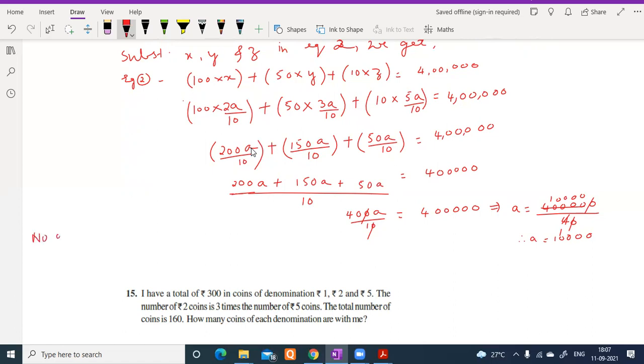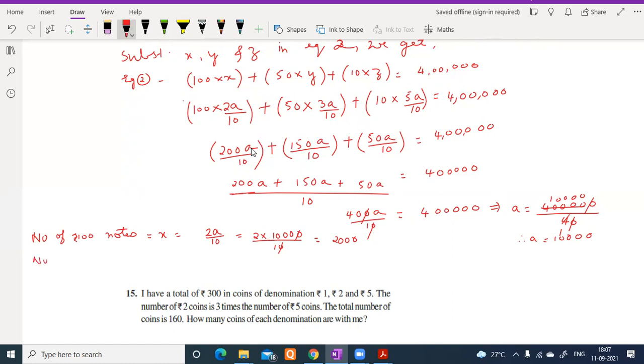Number of 100 rupee notes equals X, which is 2A by 10, which is 2 into 10,000 divided by 10, which is 2,000. So 2,000 notes of 100 rupees I'm having in my pocket.